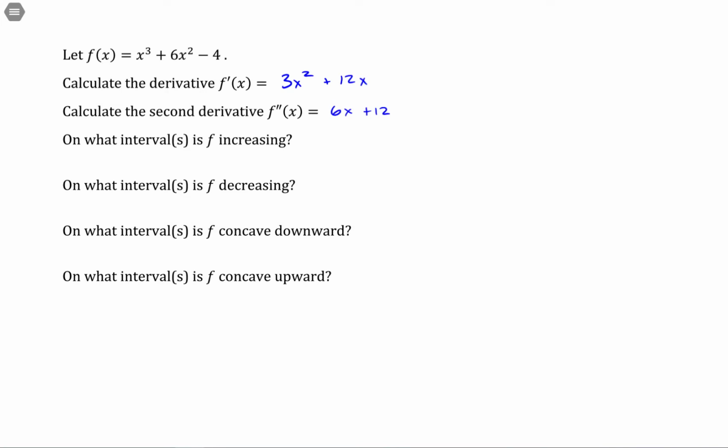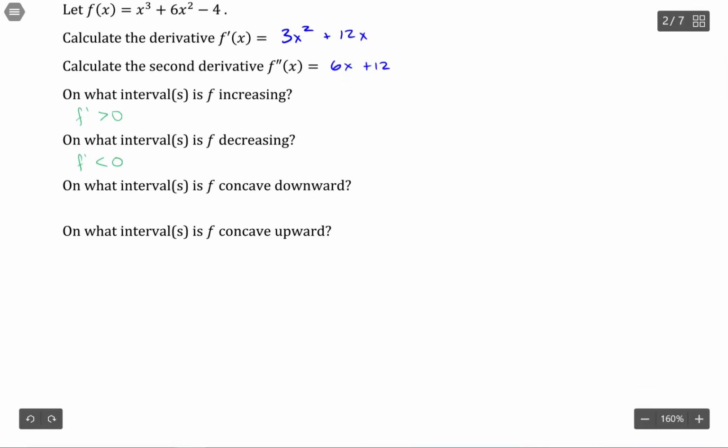On what intervals is f increasing, and then on what intervals is f decreasing? Well, the function is increasing whenever its first derivative is greater than 0, and it's decreasing whenever its first derivative is less than 0. In order to determine this, we need to do some testing.